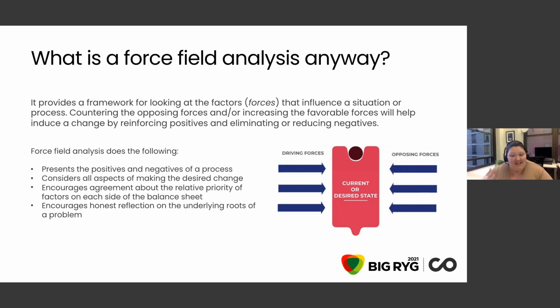This scientific experiment is relevant because this is what we're going to be talking about today, but in the lens of business processes. And Kurt Lewin applied this exact methodology to social situations, to change people and processes alike. And we can use it too.